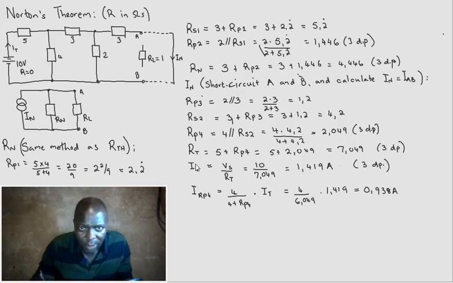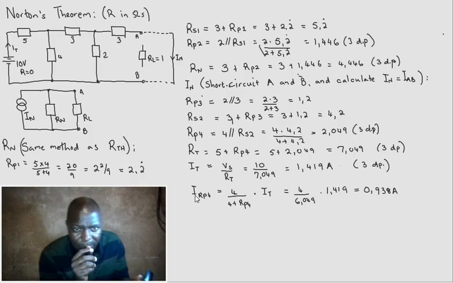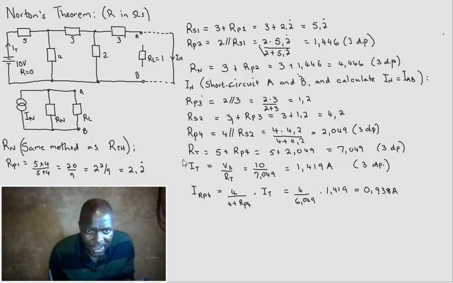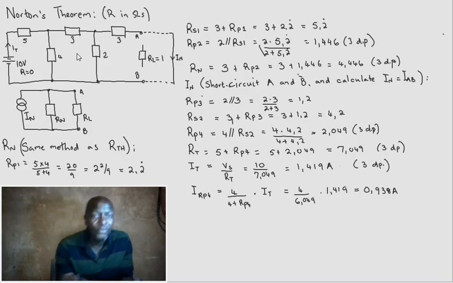I'm actually thinking of redoing this because it's going to be confusing people. There was nothing wrong with what you did until we got to this point here. Where we made a mistake is with IR parallel 4. The current through the parallel network there is the same as that one here, because the parallel network gave us actually the total.